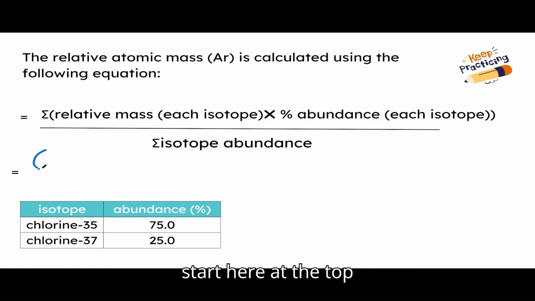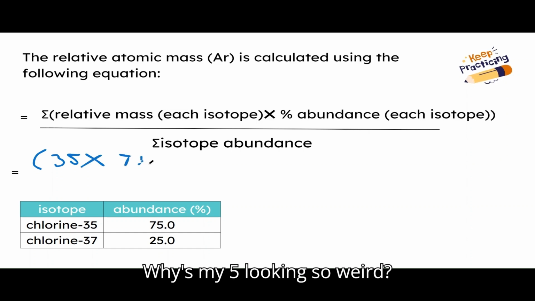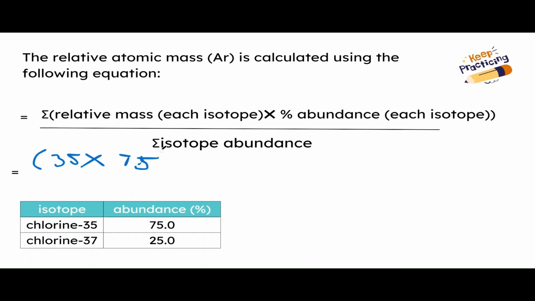Let's start here at the top. 35 times 75. Oopsie, why is my 5 looking so weird? Plus 37 times 25.